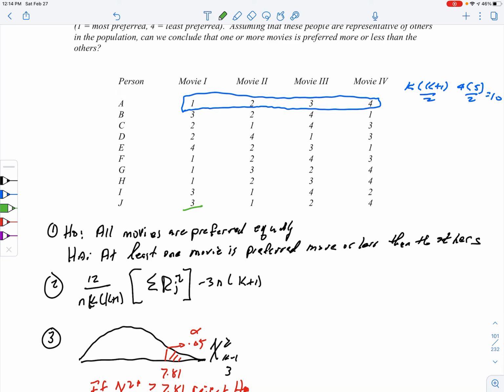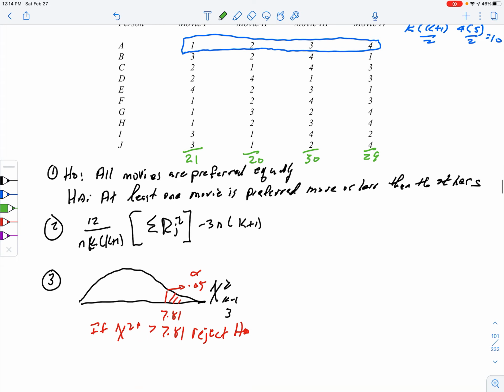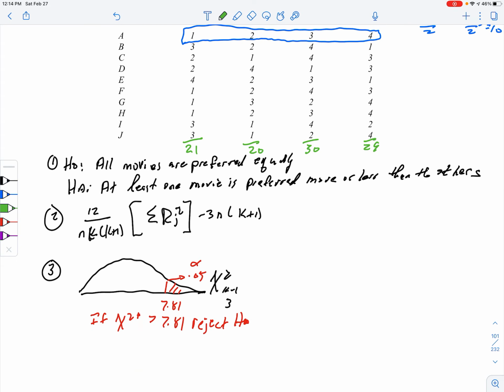The sum of the movie 1 ratings turns out to be 21. The sum of this column is 20, this one is 30, and this is 29. When I take a look at that, it looks pretty obvious to me where the differences lie. However, I don't think that you end up rejecting H0 in this case.